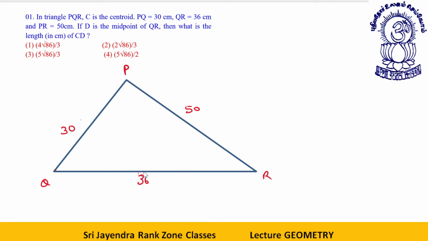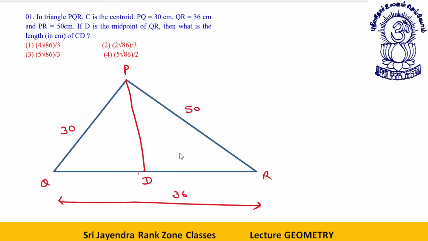D is the midpoint of QR. Let's say this point is D. This is equal to 36.